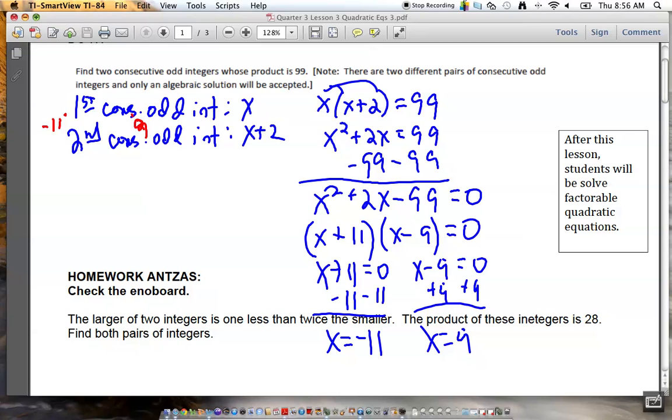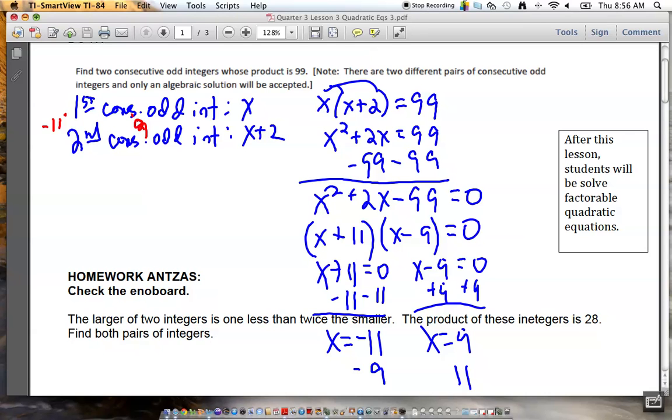Now, each of them has a pair. If this is negative 11, what's negative 11 plus 2? Negative 9. If this is 9, what's 9 plus 2? 11. Now, the coup d'etat, the piece de resistance, is to look at this and say, what is 9 times 11?